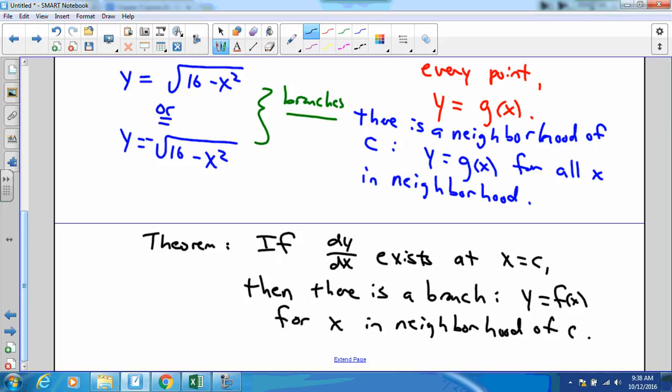But I'm going to appeal to its plausibility with just a graph. So here's our plausibility argument.